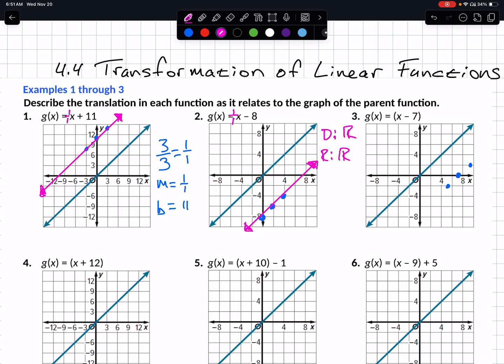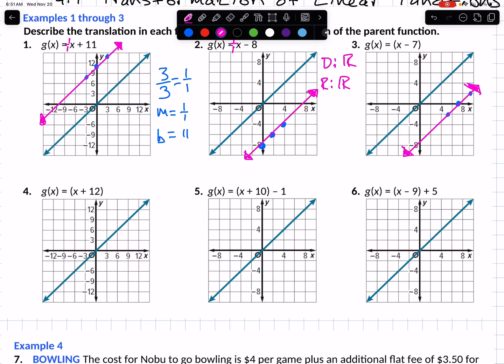And we'll write a rule for these two cases coming up here in a second. Again, the domain and range for all of these linear equations is always all real numbers. The slope is up 1 unit, right 1 unit, because we have no number in front of the x.